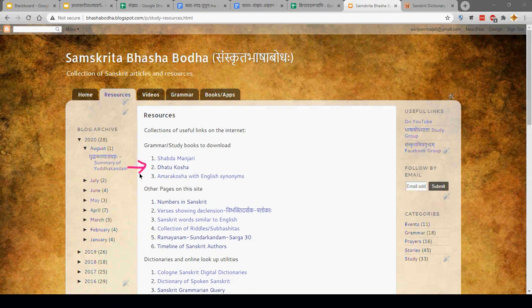You can download this here. Second link, Dhatu Kosha, which is the verb dictionary I'm showing, and the first one is the Shabda Manjari, which is mainly for the noun forms, and it also has some verb roots and verb forms, not all, which is also quite useful. But Dhatu Kosha has most of the dhatus and more forms than the Shabda Manjari.